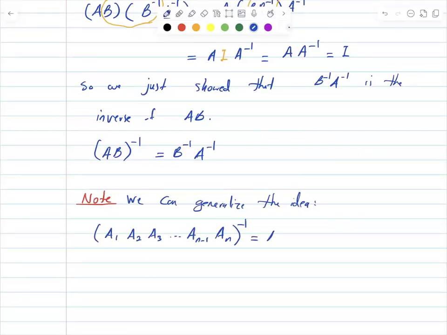This is equal to the inverse of A sub n multiplied by the inverse of A sub n minus 1 multiplied by the inverse of A sub n minus 2, dot dot dot, the inverse of A3, the inverse of A2, and the inverse of A1. And again, please note that all of these matrices, A sub i's, are invertible. i ranges from 1 to n.